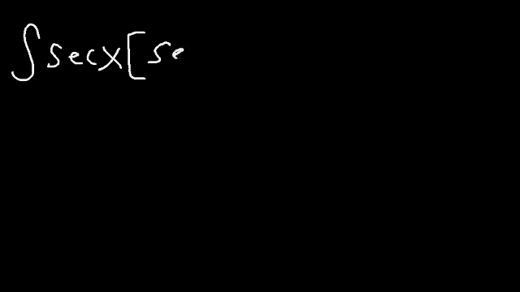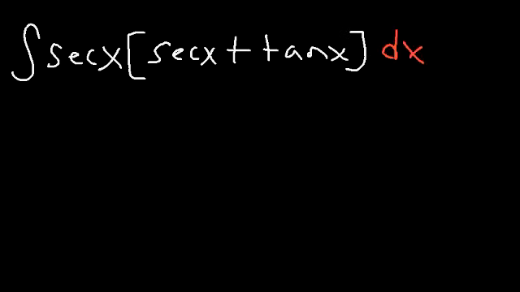Try this one. Find the antiderivative of secant x times secant x plus tangent x dx. So what do you think we need to do in this problem? What we should do is distribute secant. Secant times secant is secant squared.